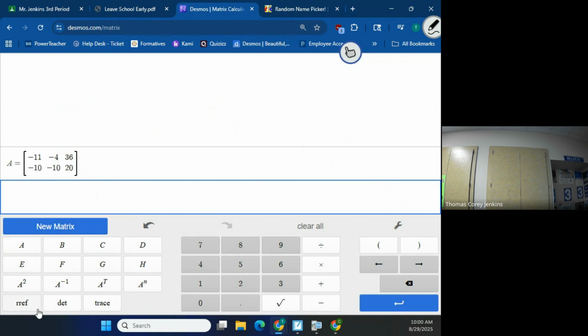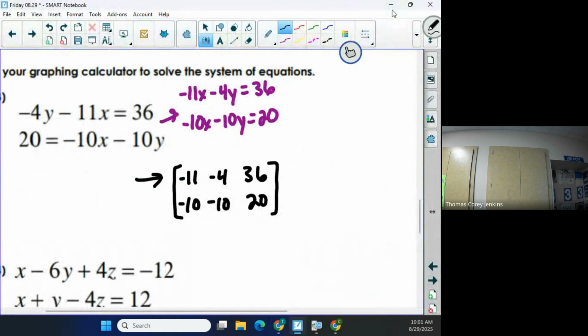And now we remember it's called RREF. So we hit RREF, we enter, this is called matrix A. So enter your A, and there it is. That's what an RREF matrix is going to look like. Those nice ones and zeros on the left, and then solutions in my right-hand column. So let's go ahead and copy that on our paper.